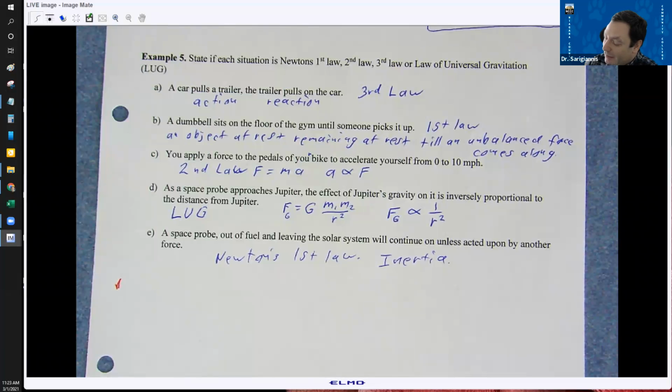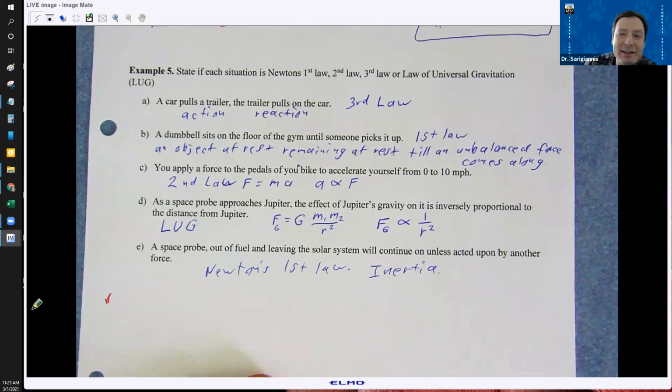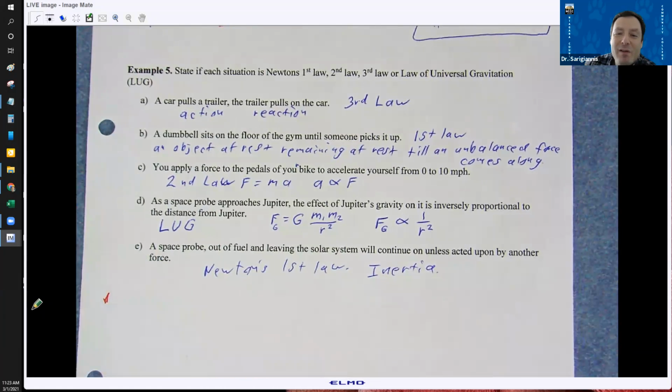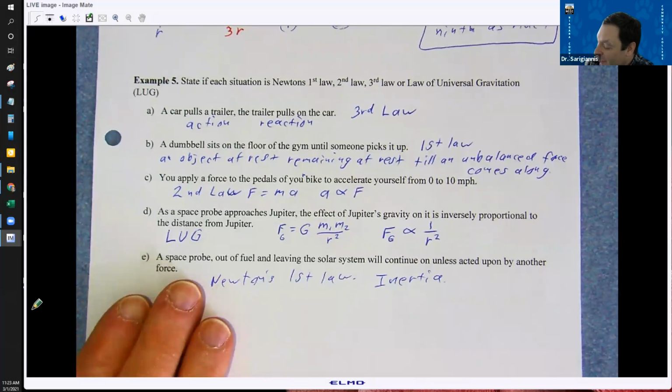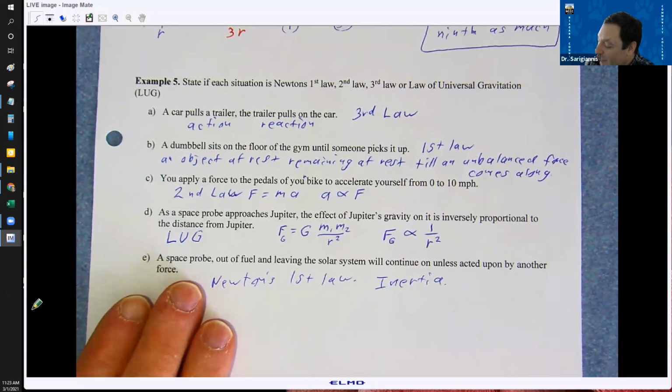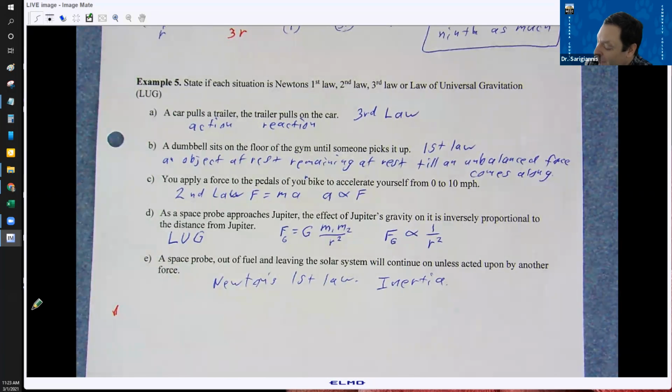I mean, you should be all prepared to take the quiz and complete the discussion board assignment as well. Are there any questions about any of these? I believe on the test, when I give you these, I give you a brief summary of Newton's laws as well. But you should know them.